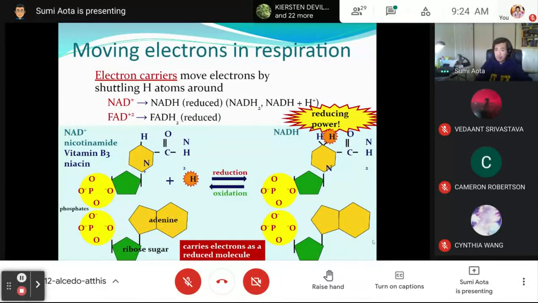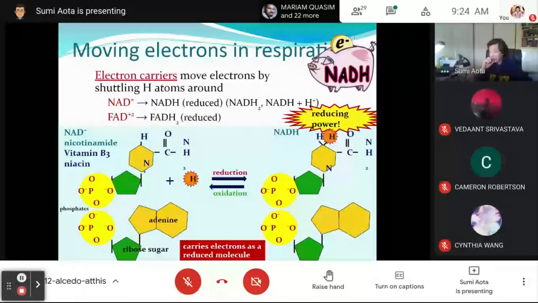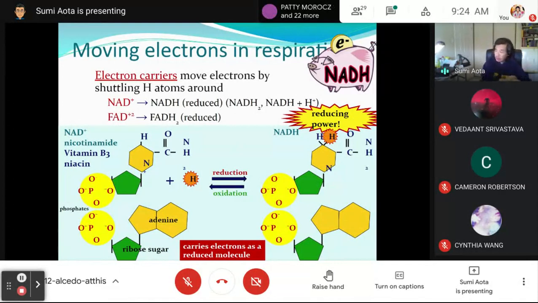The best way to think of NADH is like a piggy bank. What we're basically doing is taking the electrons in the carbohydrate and temporarily storing them in this electron carrier called NADH.